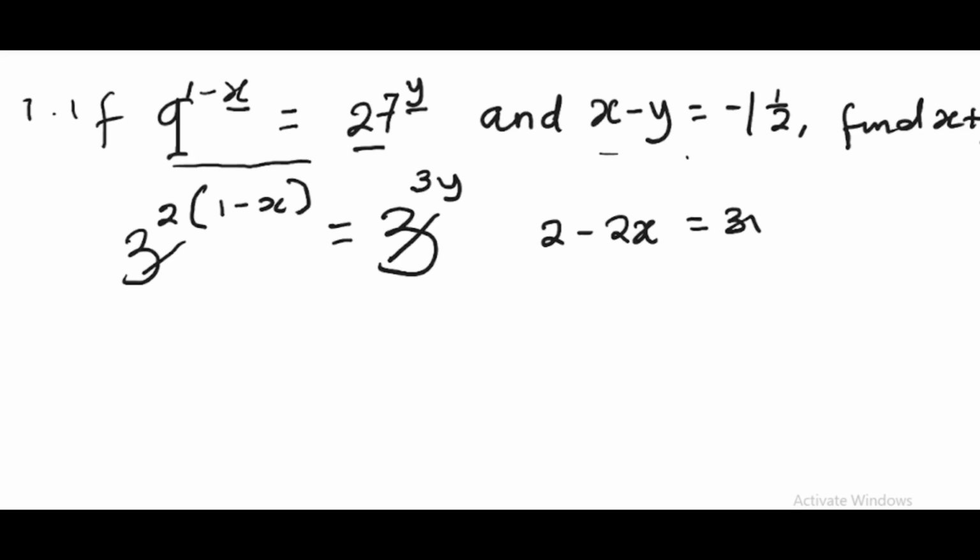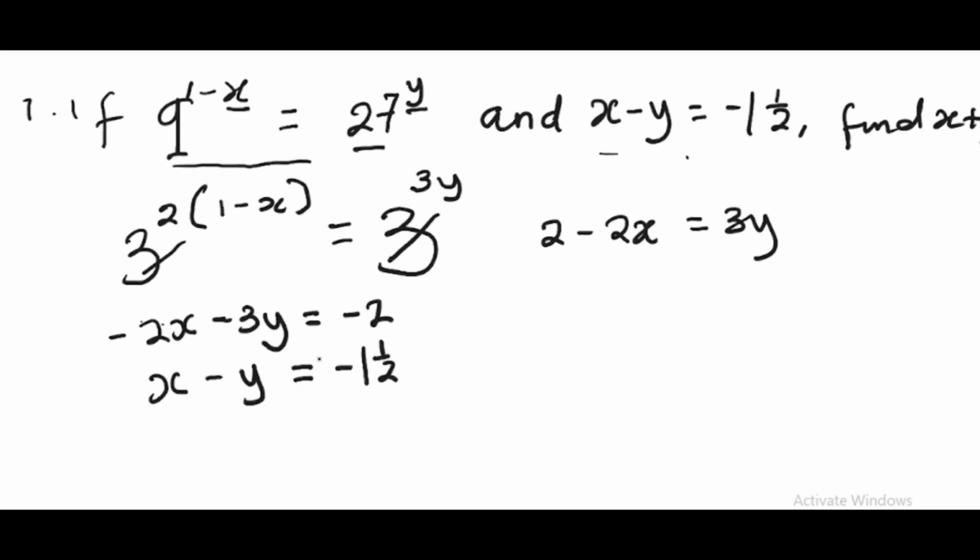So we need to rearrange this equation so that we can solve simultaneously for x and y. We'll have minus 2x minus 3y is equal to minus 2, and then x minus y is equal to minus half.